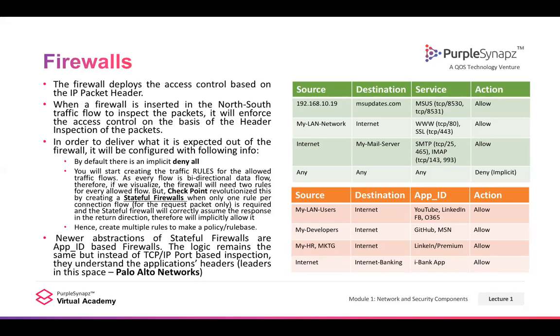They are smartly accessing more complex applications today, like YouTube, LinkedIn, Facebook, O365, GitHub, MSN, LinkedIn Premium. LinkedIn Premium is a premium function inside LinkedIn, for example. These newer applications are all on port number 80 or 443. So how do I, looking at the first table, enforce security for this?